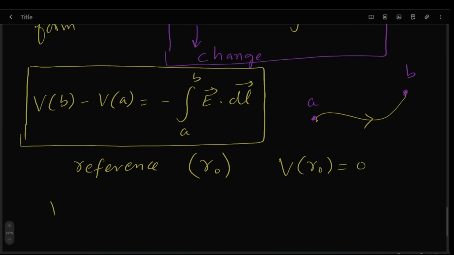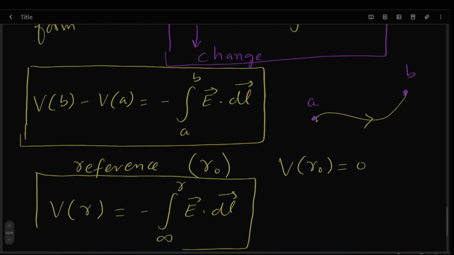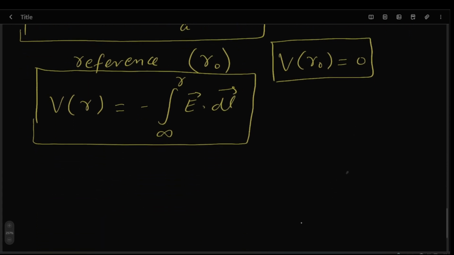In that case, the potential at any point R can be written as the negative of the integral from infinity to R of E dot dl. So we can get the potential at any point in our space by choosing the appropriate reference point. We always have to choose an appropriate reference point, and by appropriate, I mean that it changes.